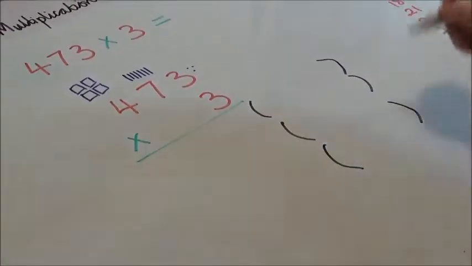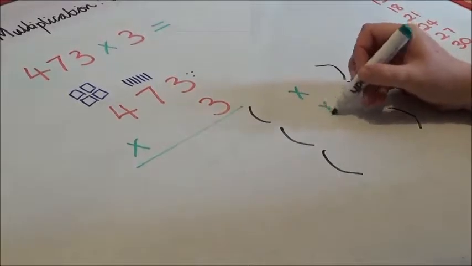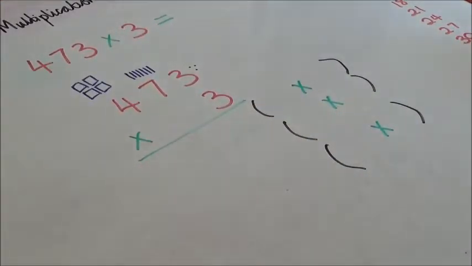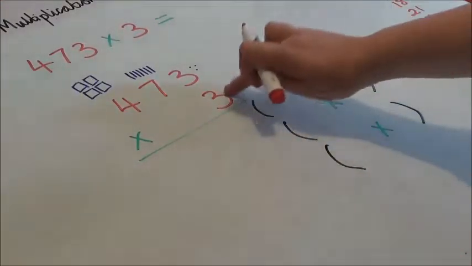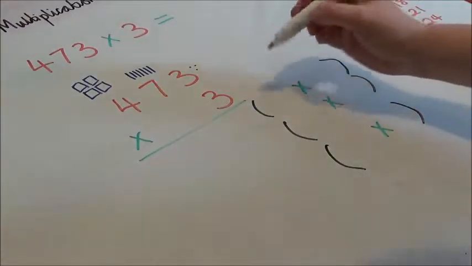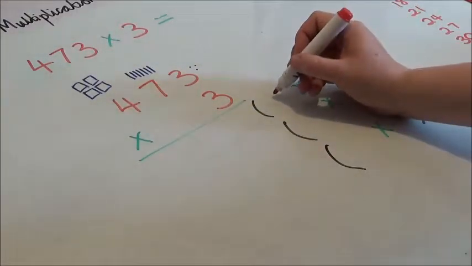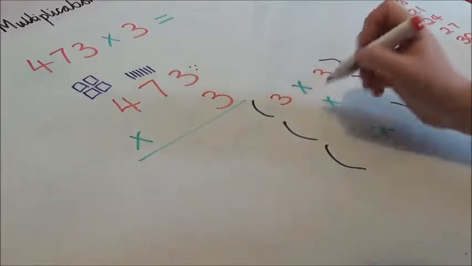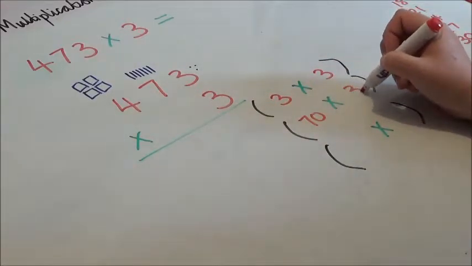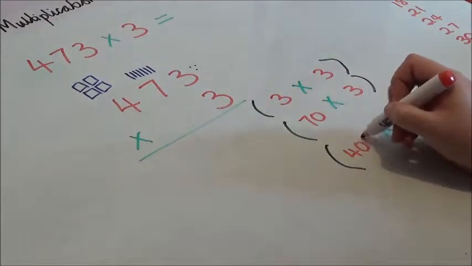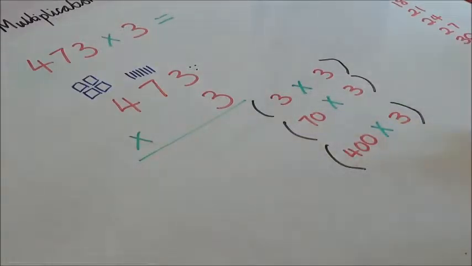Or the other way around if needs be. Make sure that you're multiplying each section of the hundreds, tens and units number by our multiple of 3. Right, so I've got 3 times 3, 70 times 3, 400 times 3. Now that I've partitioned them, I can get multiplying.